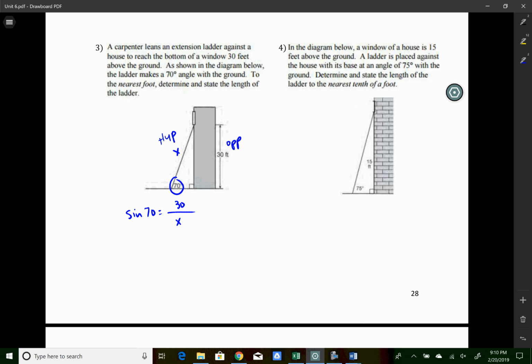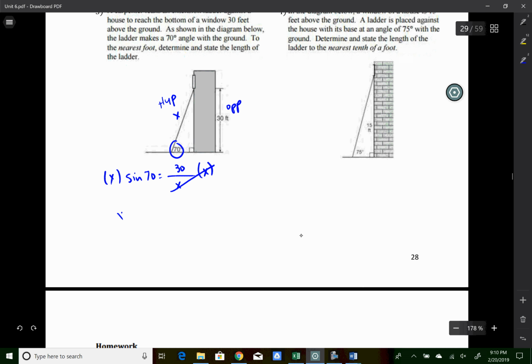We did a couple of these in class, so we're going to follow the same rule here. We're going to multiply both sides by X. Essentially, by doing this, we're cross multiplying. So we get X sine of 70 is equal to 30. Divide both sides by the sine of 70, and I get whatever this answer comes out to be.